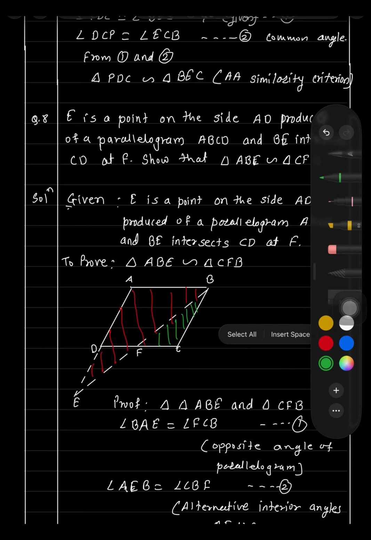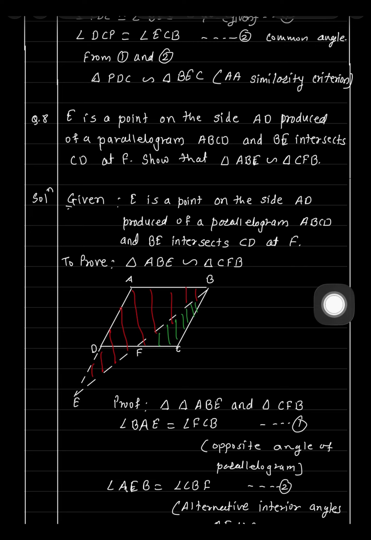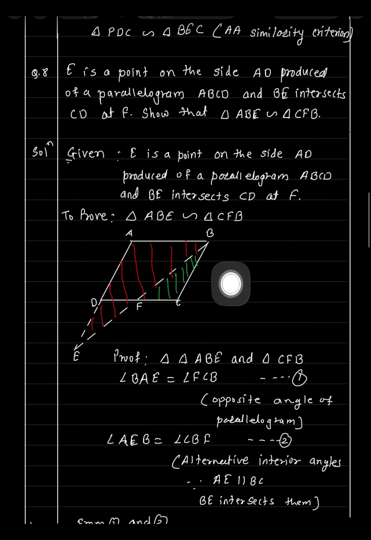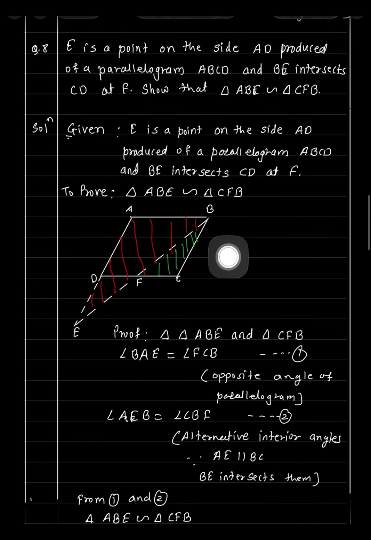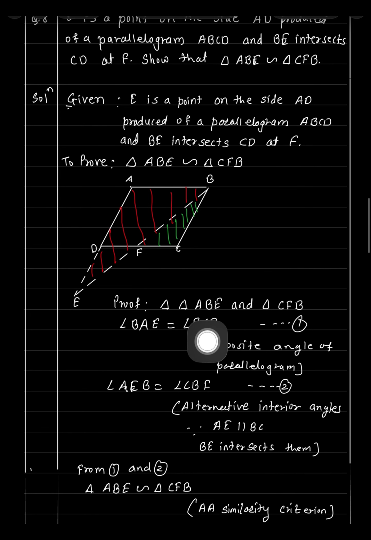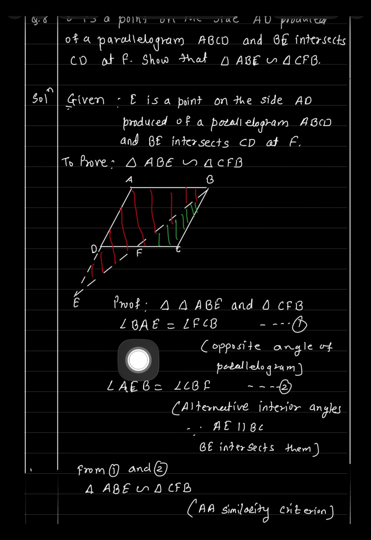Very simple, we have to check what is given, and then prove that triangle ABE and triangle CFB are similar. So in triangle ABE and triangle CFB, see angle BAE, this angle, and FCB.